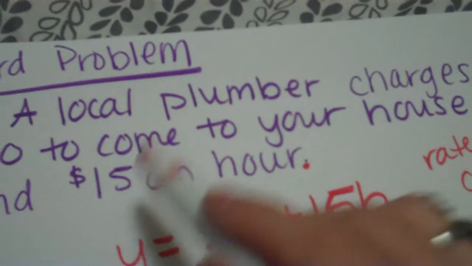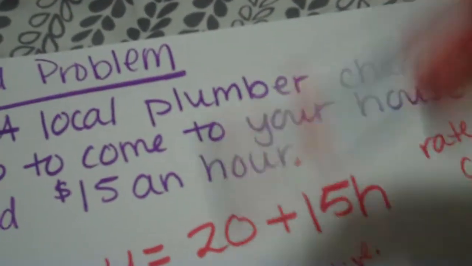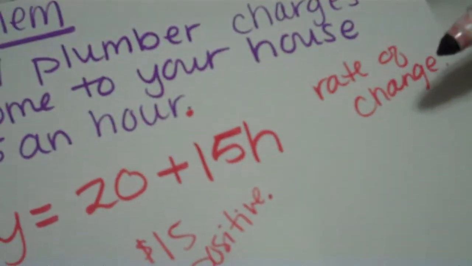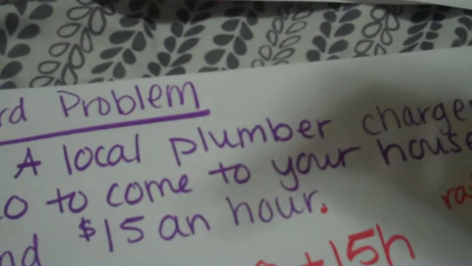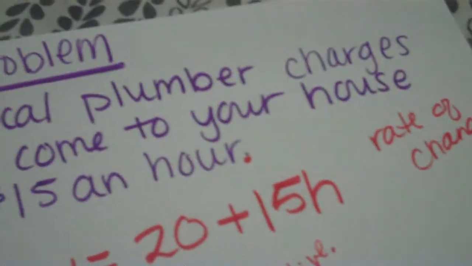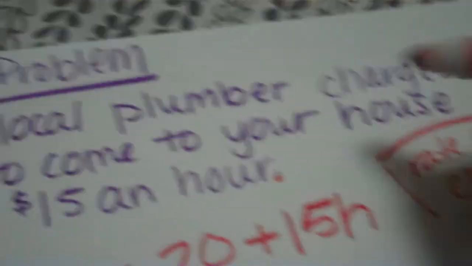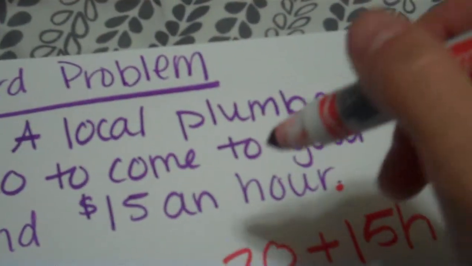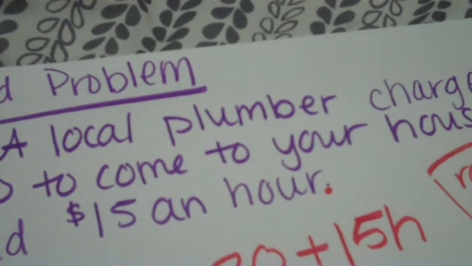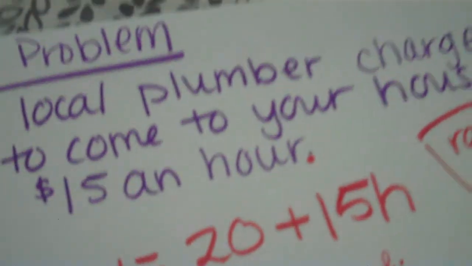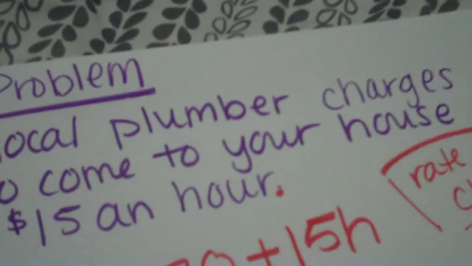But he charges $15 an hour. So, every hour, how much you charge changes, right? So, 1 hour would be 15, 2 hours would be 30, 3 hours would be 45. So, when you see what's changing, that's going to be your slope in the situation, okay? And we'll kind of really get into that next week about what that really means when you look at stuff, okay? So, that's the last thing.